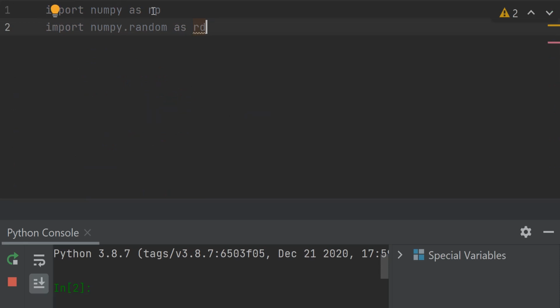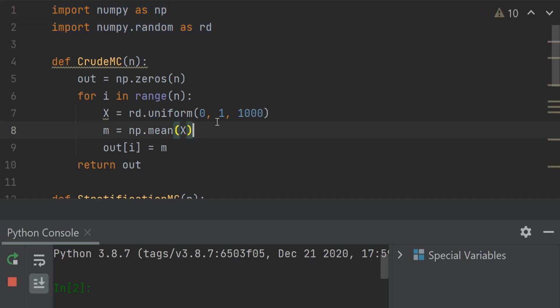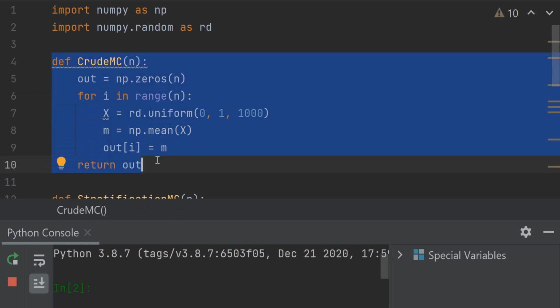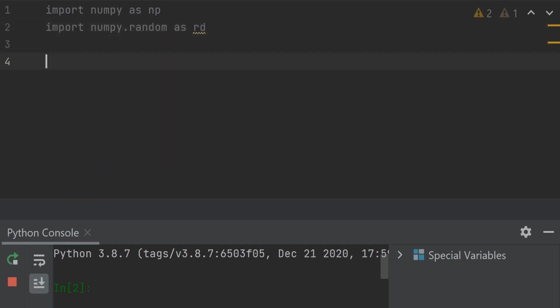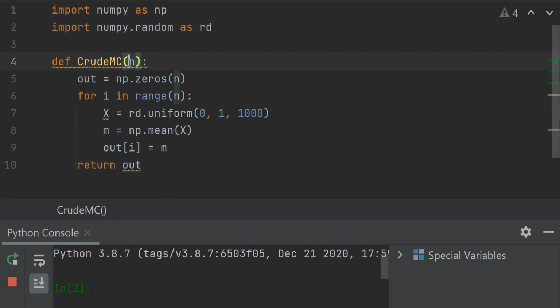So first of all, I import two packages that I'm going to need, the NumPy package and the NumPy random library. These libraries give some useful functions. I define a function which I call crude Monte Carlo. This is where I perform n simulations.